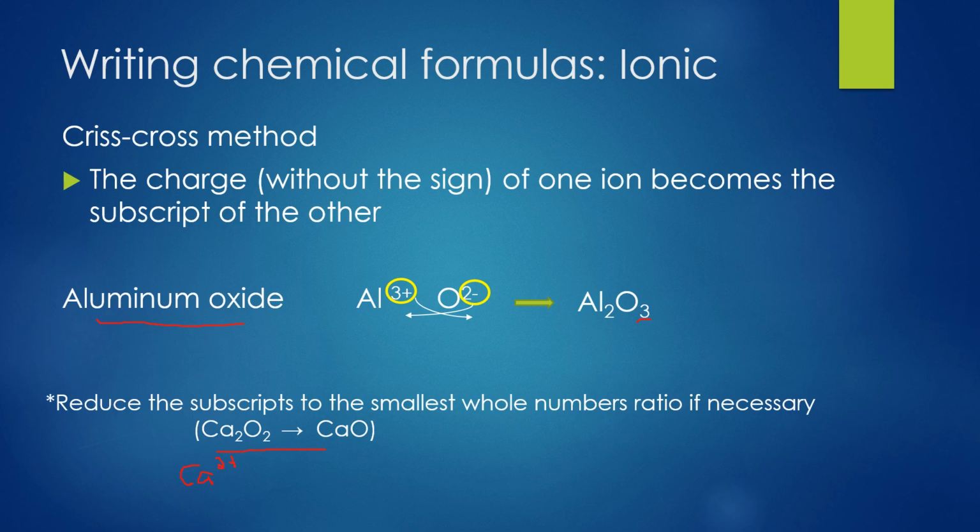And then oxygen has a -2 charge. So if we were doing the crisscross method, it would look like we need 2 calciums and 2 oxygens, when indeed we don't, right? If we just had one of each, it would still be neutral. So that's why, if you can simplify them down when you're doing the crisscross method, you need to in order to get the correct one.